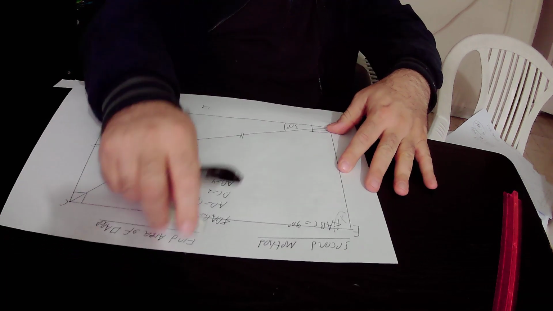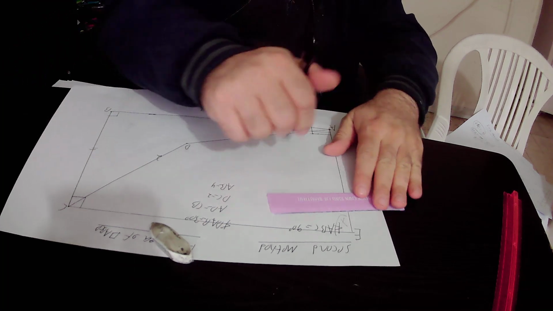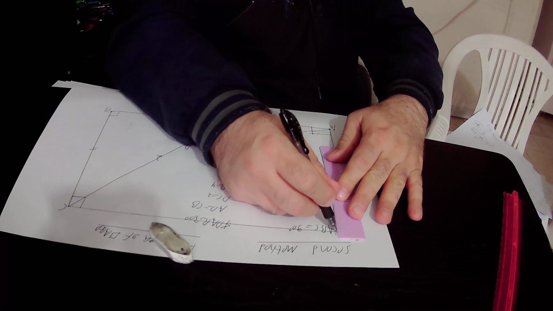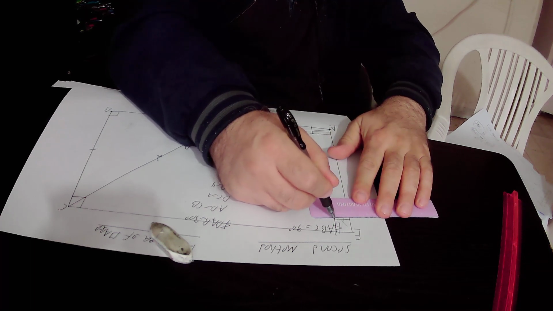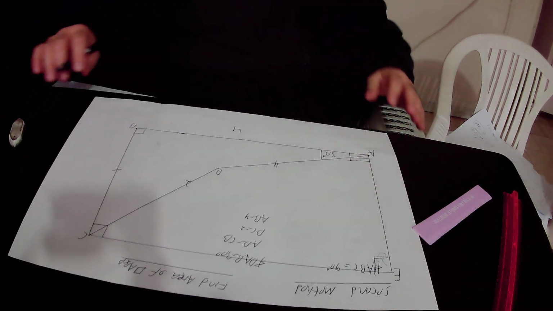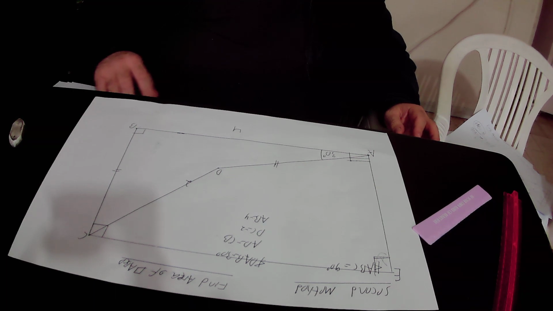So actually in quadrilateral ABCE, we have 4 right angles, and according to rule number 2, quadrilateral ABCE is a rectangle.